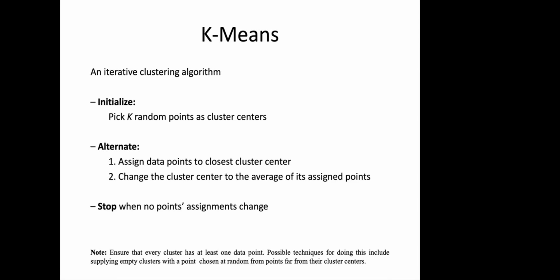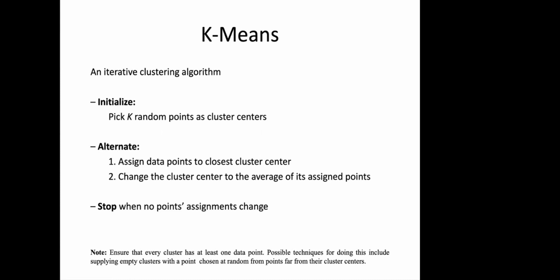Then, once you have your clusters, you recalculate your cluster centers. And the recalculation simply means that you compute the average of the points within each cluster. And then you keep going this way. So these two steps are alternated and they are iterated until the algorithm stops and the partition that you are getting becomes stable.